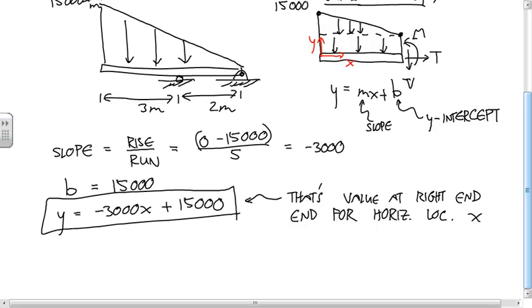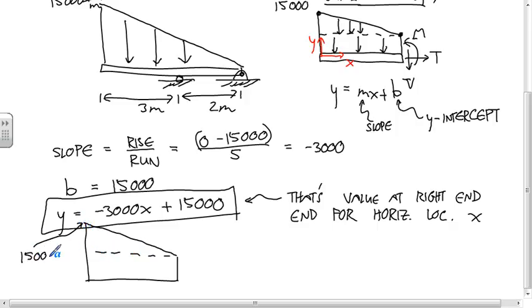Okay, so now I'm going to represent the shape like this. This value is 15,000. This value is negative 3,000 x plus 15,000.